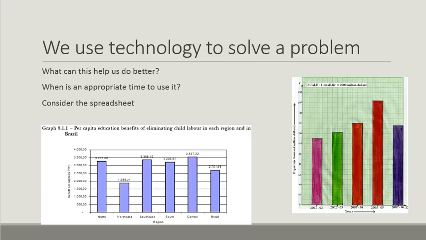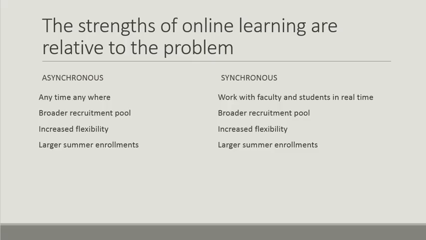However, if we need to show the complex relationship between numbers, if we need to be able to change numbers to see percentages change in real time, then a spreadsheet is a far superior tool to be using. You can certainly do that with graph paper. It's just that it takes longer. Because we can do it faster, we can take advantage of the benefits that the spreadsheet offers. The same is true with any technology, but we're talking about online learning here.